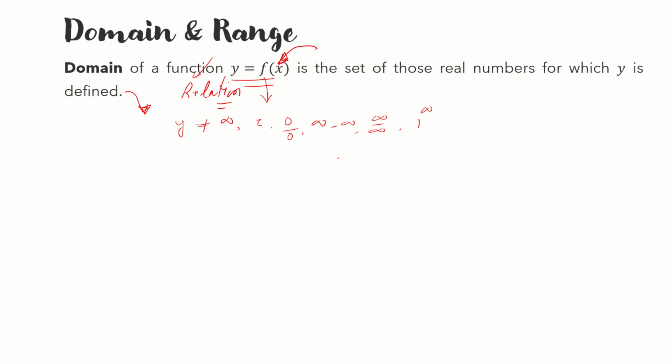These are known as indeterminate forms. So those values for which y is giving you infinity, a complex number, or any indeterminate form will not be included in the domain. Any real number for which y is giving you a defined value will be in the domain.